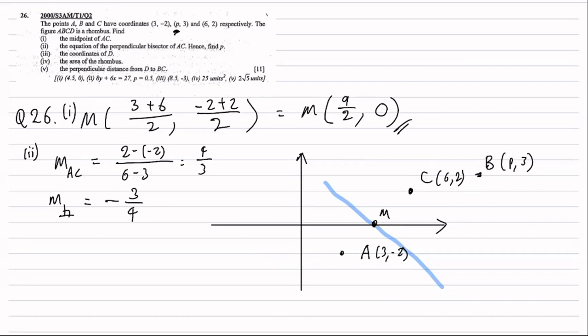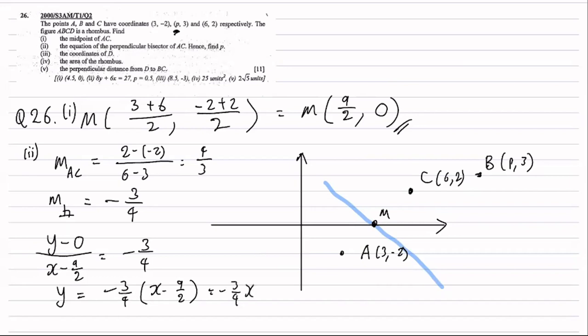Therefore, the equation of the line must be: y minus the y coordinate of M, which is 0, divided by x minus the x coordinate, which is 9/2, equals the gradient -3/4. Solving, you get y = -3/4 times (x minus 9/2). Multiply in, you get -3/4 x, minus becomes a plus, 3/4 times 9/2.